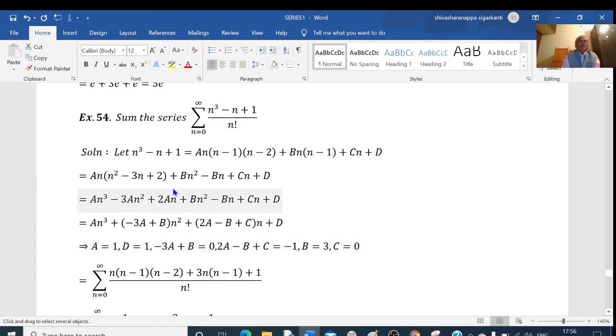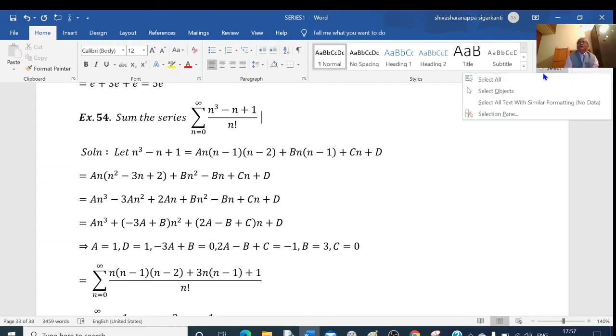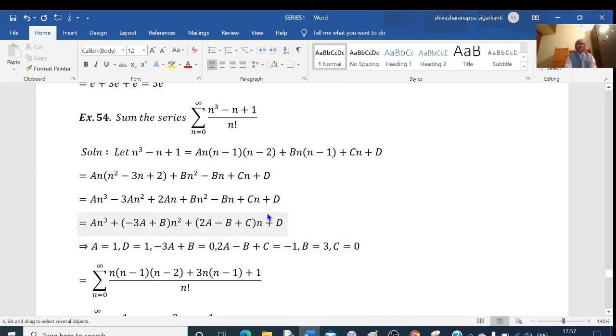This is equal to a n cubed plus n squared terms, minus 3a plus b into n squared, plus n term, 2a minus b plus c, plus the term independent of n, this is the d.